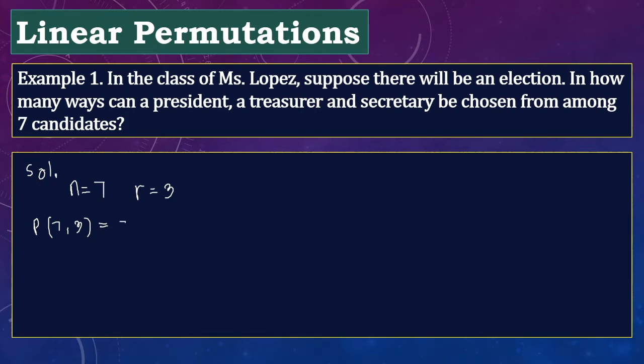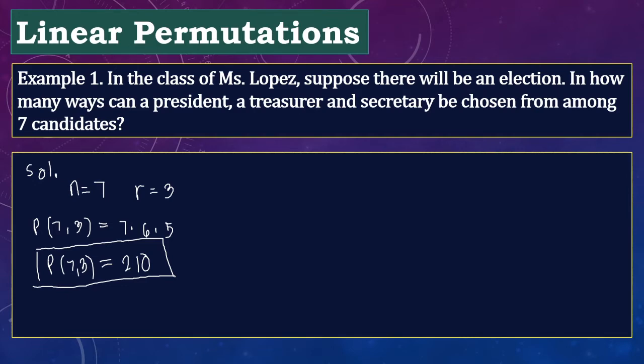So 7 times 6 times 5, and that is equal to 210. So permutation of 7 taken 3 at a time is equal to 210. So 210 ways can these 3 positions be chosen from among 7 candidates. Okay? So I hope na-gets ninyo ang ating example number 1.